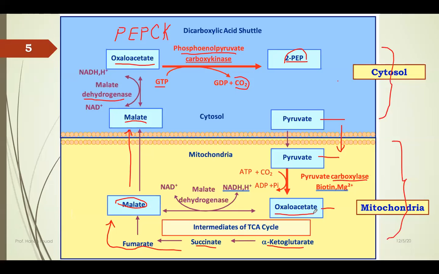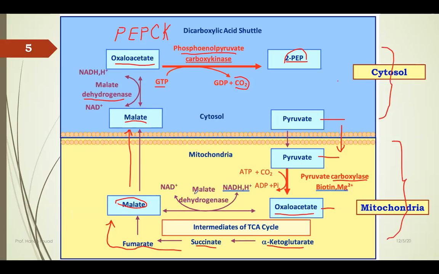Oxaloacetic acid is not allowed to cross the mitochondrial membrane, but malic acid can cross it. By a dehydrogenase reaction, oxaloacetic acid can accept two hydrogen atoms and be converted into malic acid.